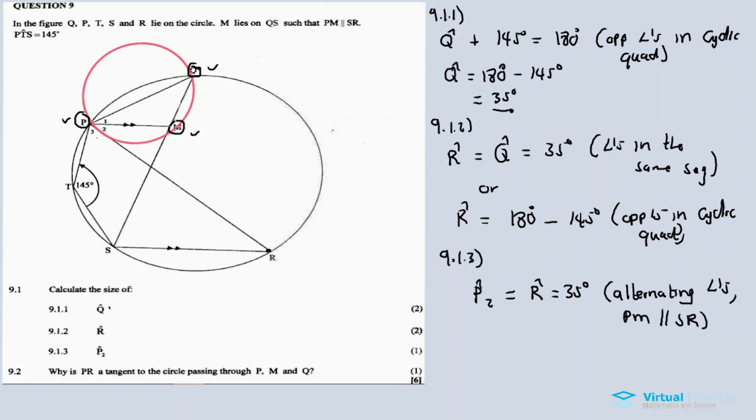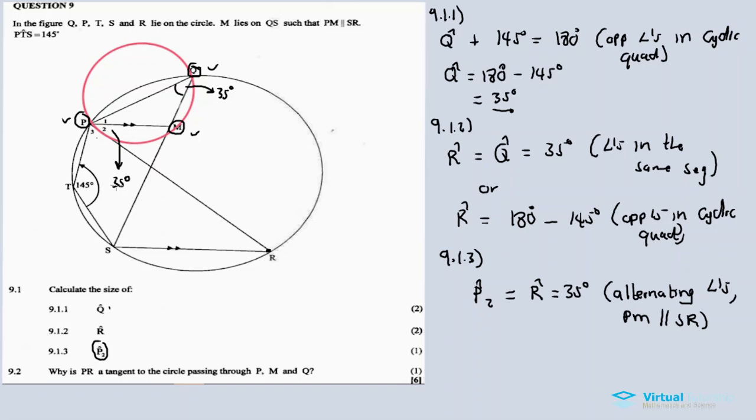Now, as we go back to 9.1.1, we just saw this angle Q is 35 degrees, right? And then we just calculated in 9.1.3 that P2 is also equal to 35 degrees.